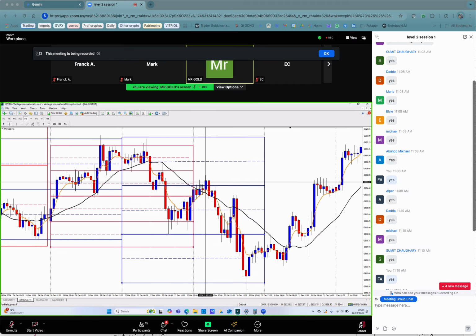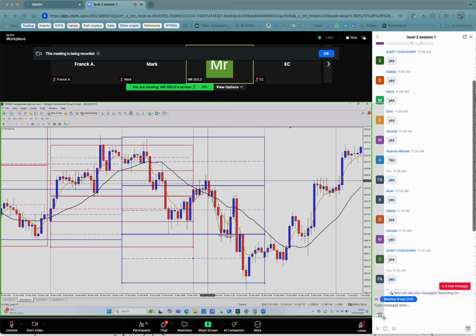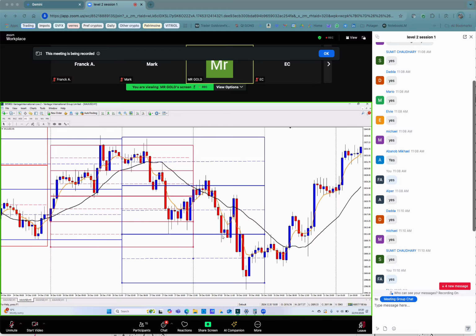So we enter on the next candle, which is opening here, and it reverses, and we hit SL, 150 pips, bang on this level here. So we hit the SL, we jump in on the SL, and it gives you the recovery.